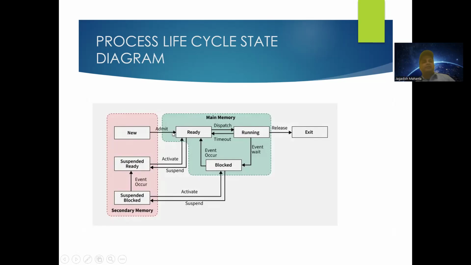The first thing, students, you see in the above diagram the transitions, the arrow marks between the states. A process can go from new state to ready state, ready state to running state, running state to exit state, running state back to the ready state, running state to block state, block state to ready state, block state to suspended block state, suspended block state back to block state, suspended block to suspended ready, suspended ready to ready state, and ready state to suspended ready.